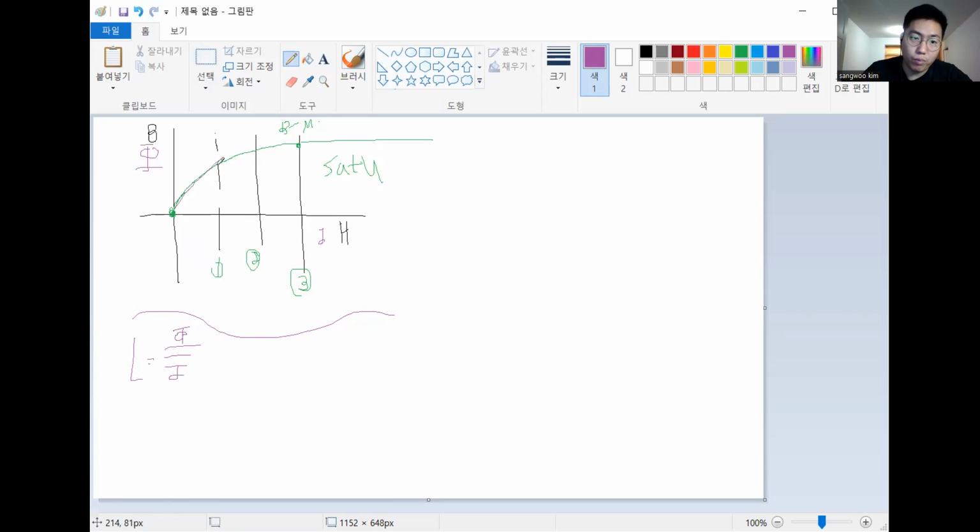As you can see, the slope is sharp, then less sharp, smooth, and almost 0 right here. Because the reactance goes down, the current goes up. I hope you remember this part.